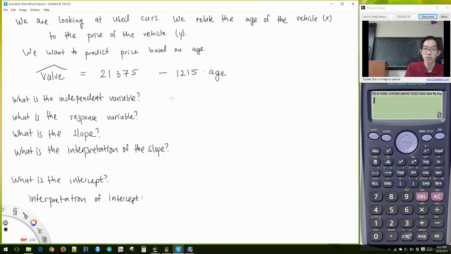Okay, and so I would like you to look at this equation and answer these if you can, okay? And so I should make a note that we will say we created a scatter plot and a linear model is appropriate.